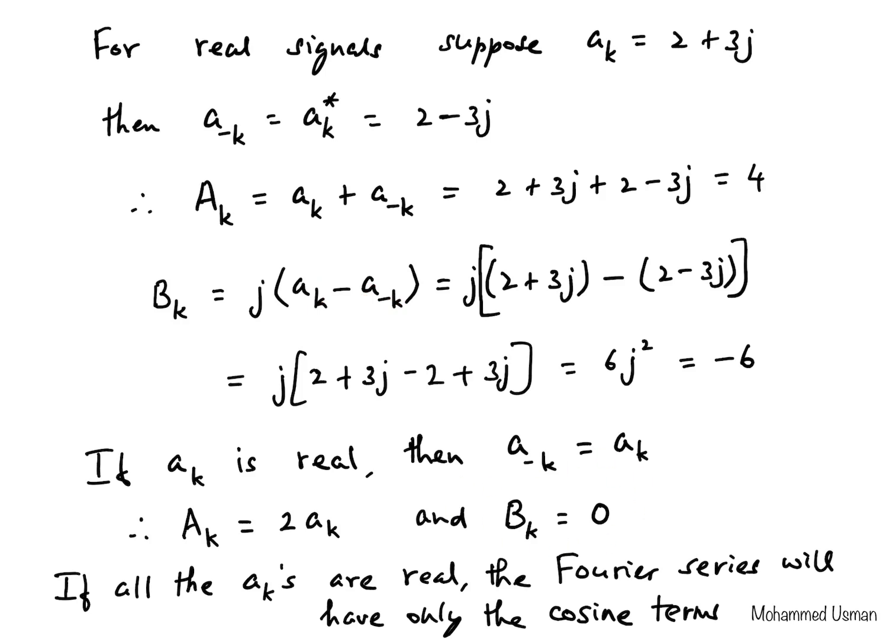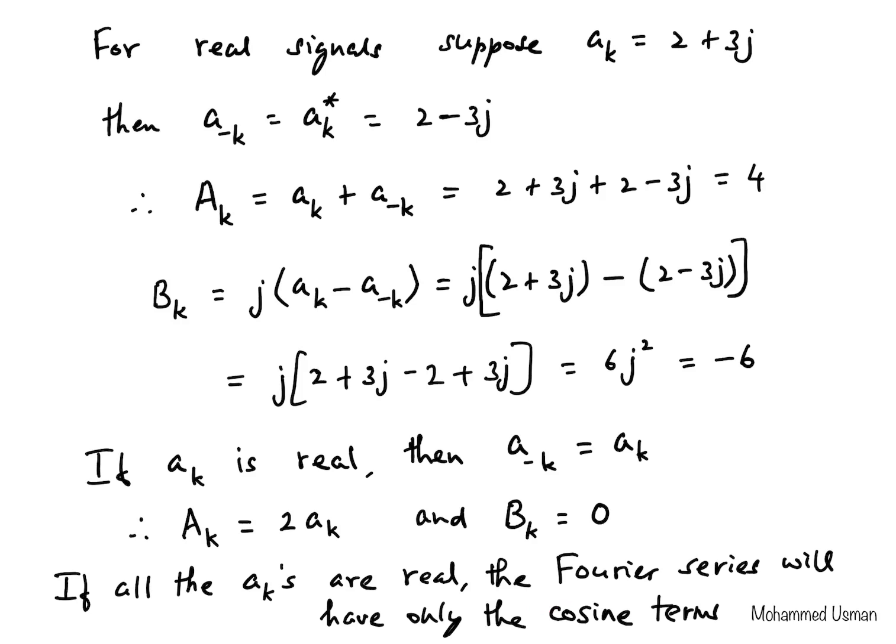What we are saying is that when we have the AKs, if any AK term is real, then the corresponding frequency component, or that particular harmonic, will be represented by the cosine term only. There won't be any sine term in that particular frequency component.